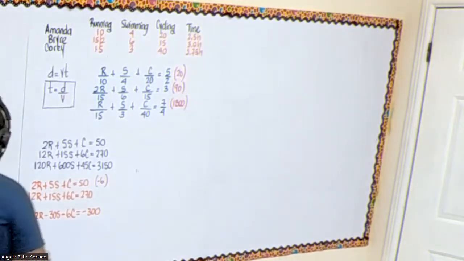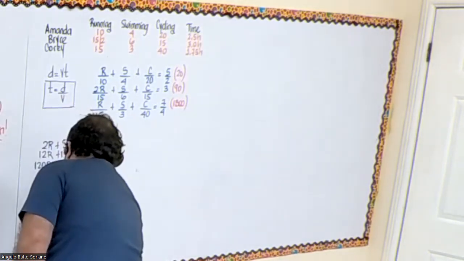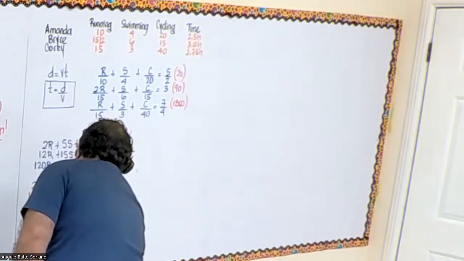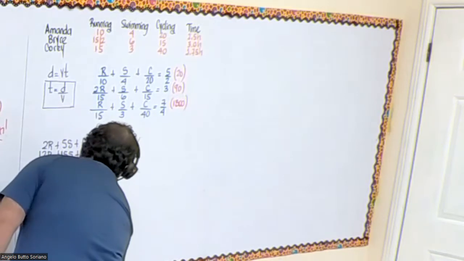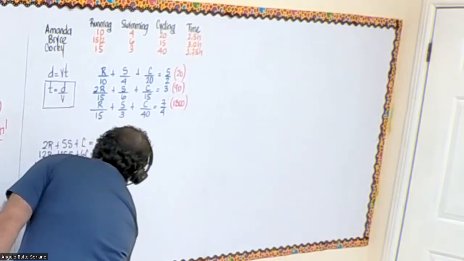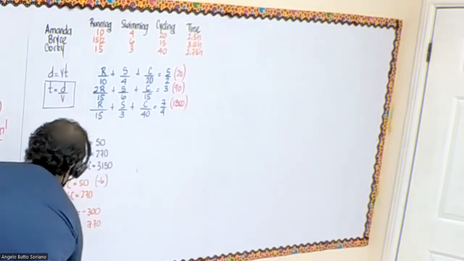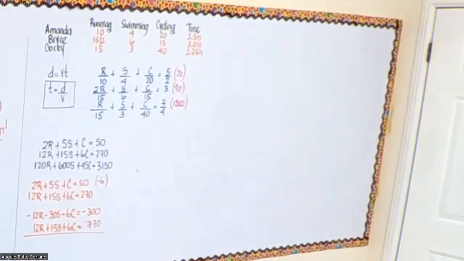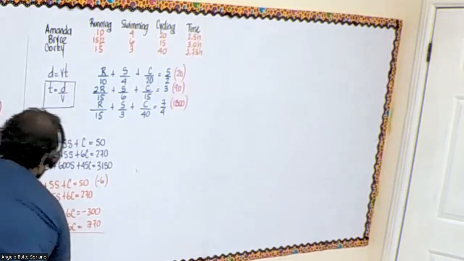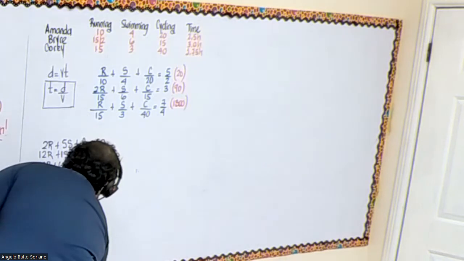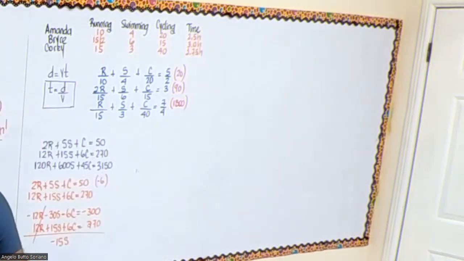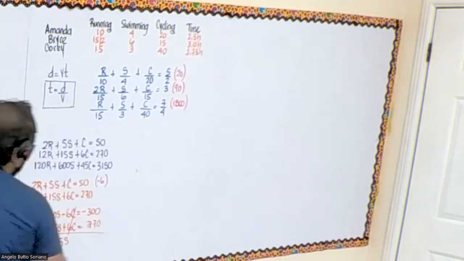On the other hand, we got 12r plus 15s plus 6c equals 270. Okay? Now, as you can see, 12r minus 12r cancel. Negative 30s plus 15s will be negative 15s. And 6c minus 6c cancel also.